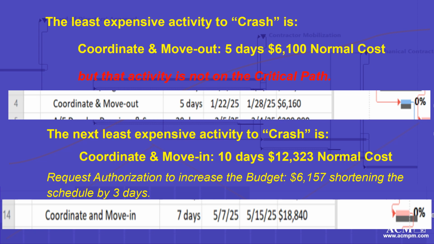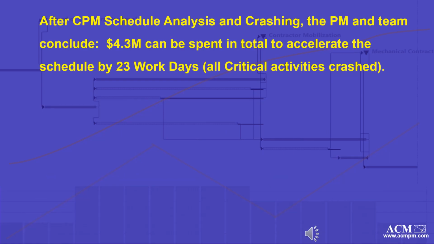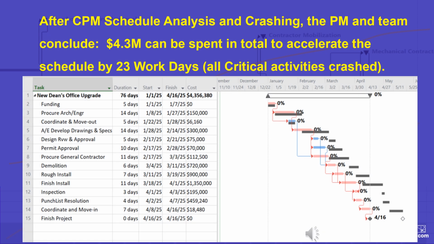Ultimately, the PM would request from the owner budget authorization increase of $6,157 to shorten the renovation by 3 days. Originally, the dean's office renovation can be completed in 100 working days for about $3 million.